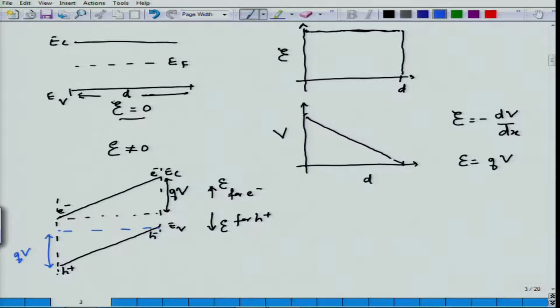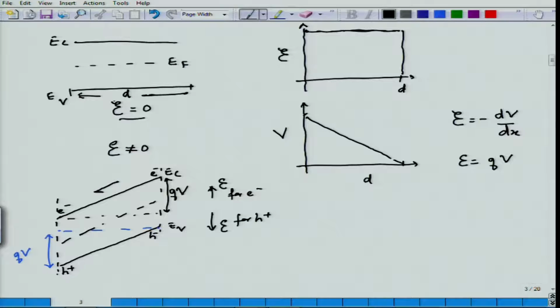So, when we have applied a field, we have basically taken a flat energy band diagram, and the energy band diagram is now bent in order to accommodate the field applied, and it also shows the behavior that we predicted earlier, which says that electrons will move from higher potential to lower potential.